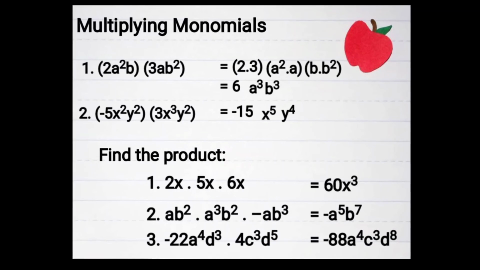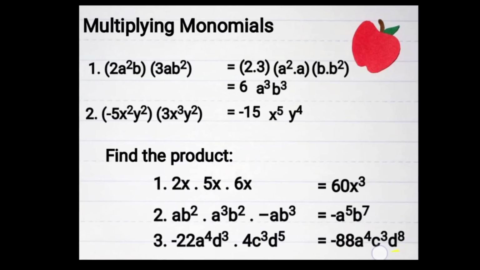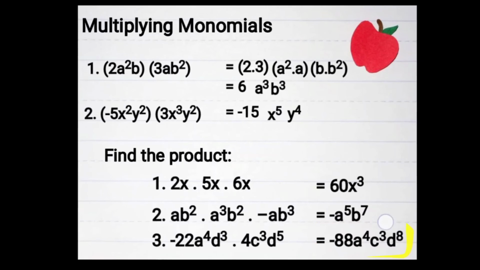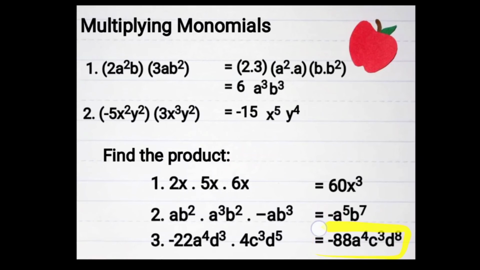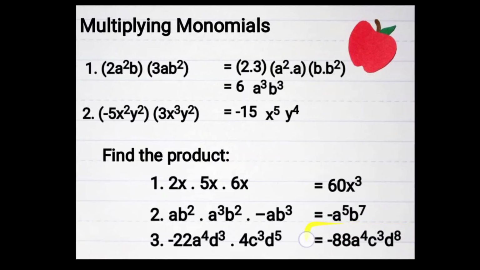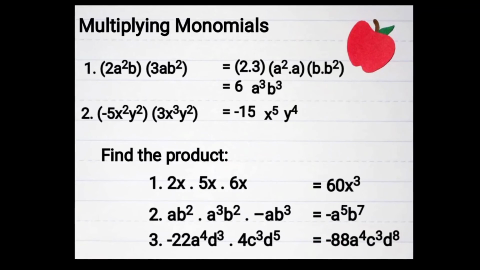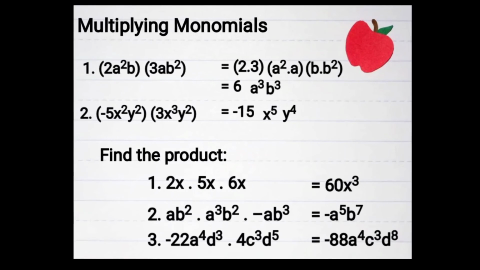Now let's proceed to the base d. D cubed times d to the fifth power. So add 3 plus 5 is 8. That's why we have d to the 8th power. So the final answer is negative 88 times a to the fourth power times c cubed times d to the 8th power.